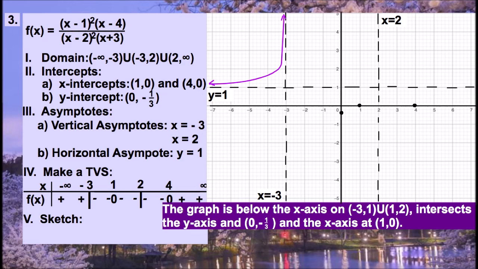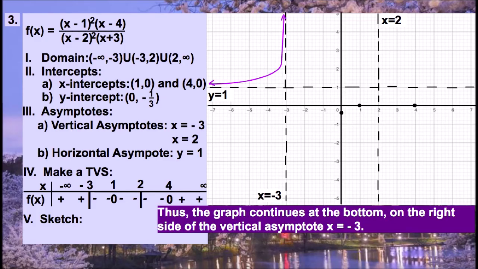The graph is below the x-axis on open interval negative 3 1 united with open interval 1 2, intersects the y-axis at 0 negative 1/3 and the x-axis at the point of coordinates 1 0. Thus, the graph continues at the bottom on the right side of the vertical asymptote x equals negative 3.